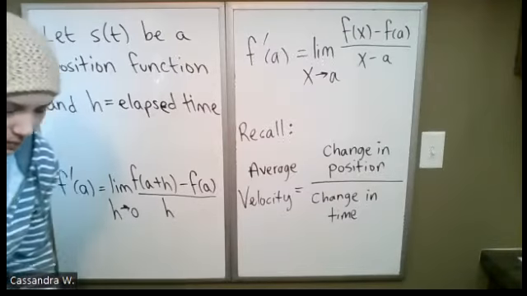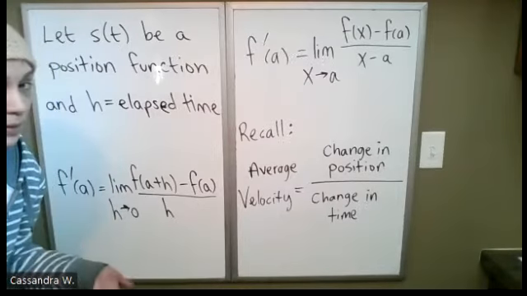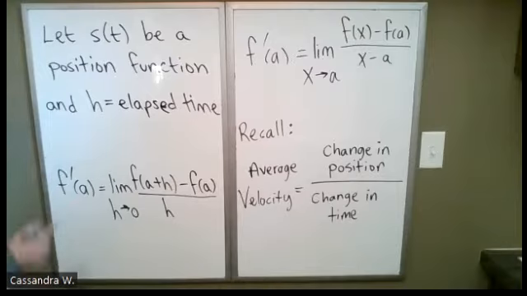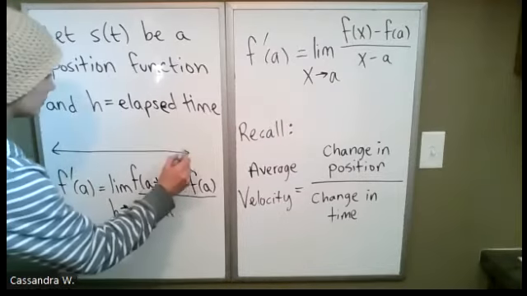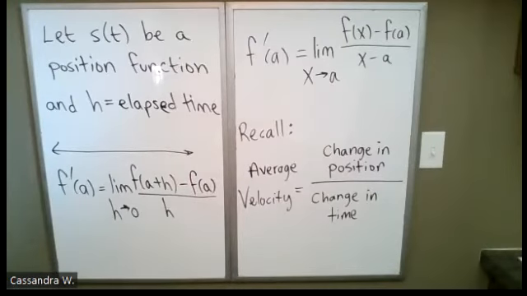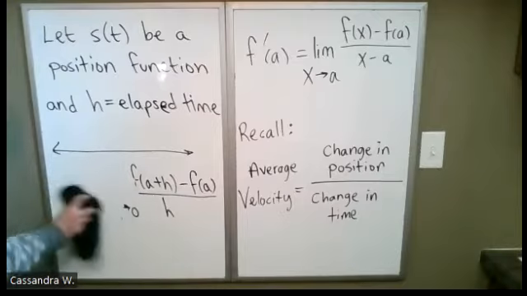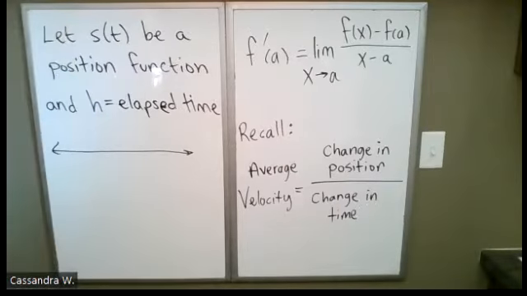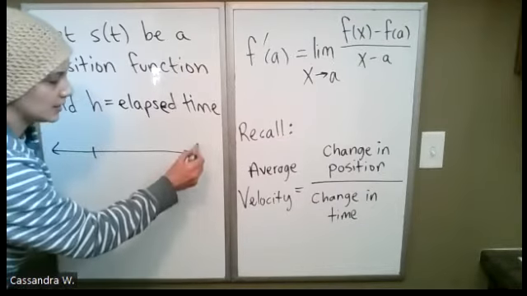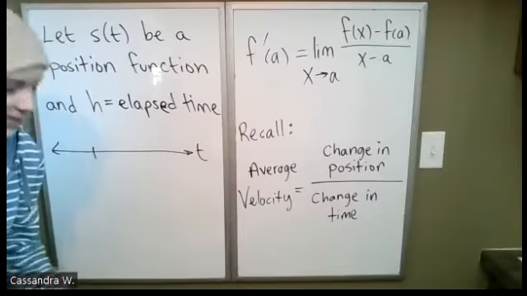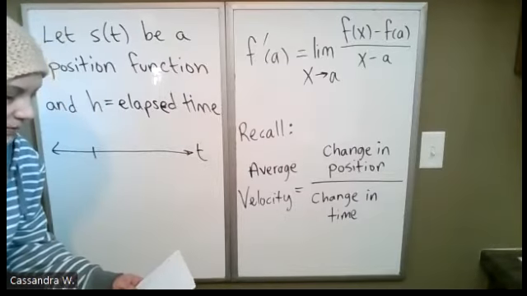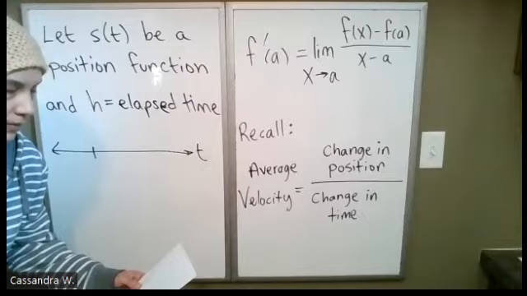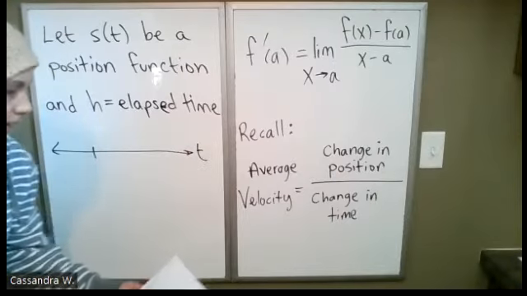Okay, before we talk about average velocity, we'll draw a small picture. So for inputting values called t, that's a variable for inputs, t values, we're going to have a time for t at a.